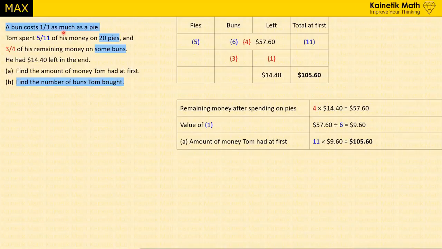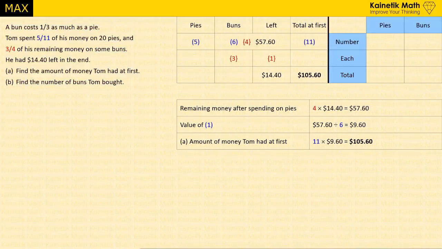Okay, so we'll use the number times each equals to total concept. Right, this is also usually known as the number times value concept, or quantity times value concept. Right, the number of things times the price of each thing in this case equals to the total amount of money. Okay, so we are counting the money spent on the pies and the money spent on the buns.